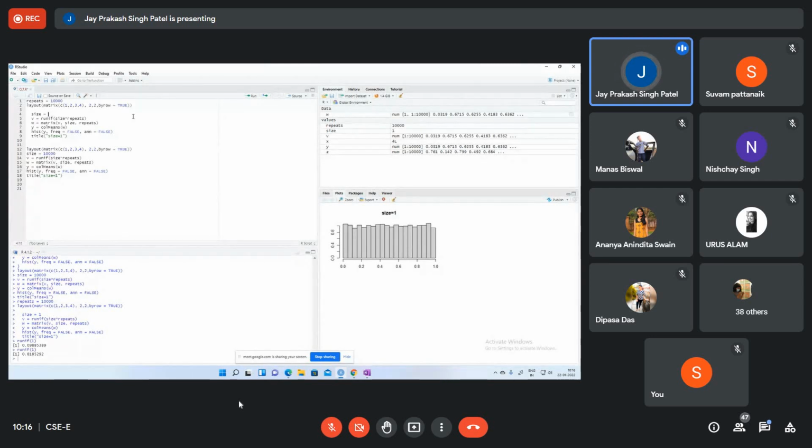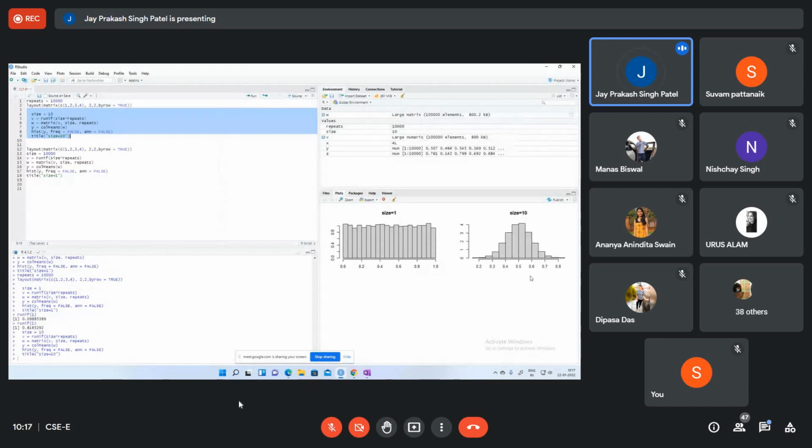Let us increase the sample size. This time let us choose the size equal to 10, and then see what happens, right? So when we increase the sample size to 10, now you see the probability histogram is something like this. Just by increasing the sample size, you can see the shape of the distribution is very close to the shape of the normal distribution, isn't it?